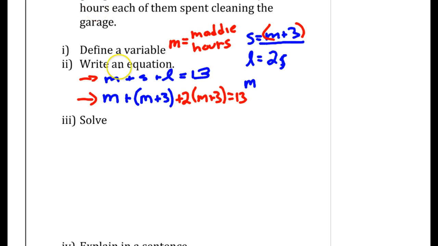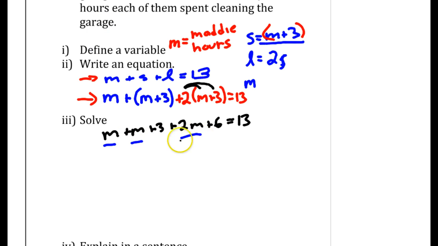So I have M plus M. Okay, got a little bit of algebra here, distributed here. So I got 2M plus 6. I'm going to bring down everything else. M plus 3. Okay. That equals 13. And we can add them all up. We'll have M plus 2M, 4M.